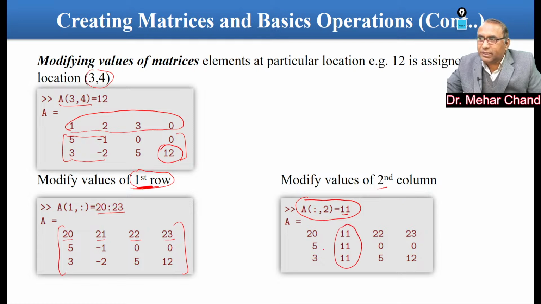So if you are giving different values, then you can do it that way, and if you want to give equal values, then you can do in this way. So when you execute this statement, all the entire values will be same.